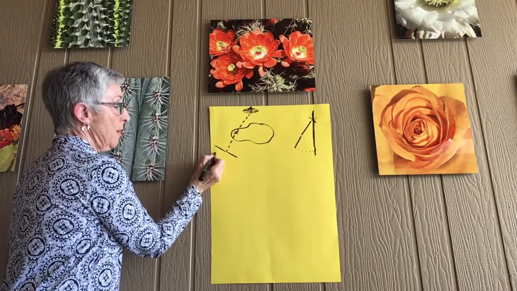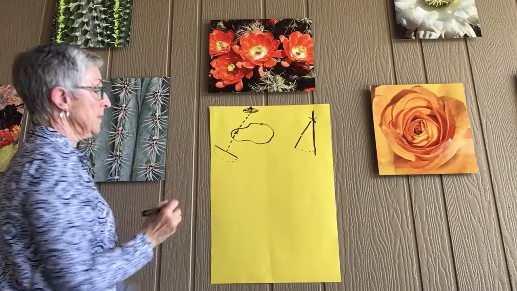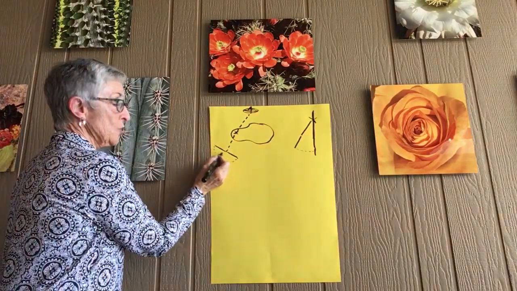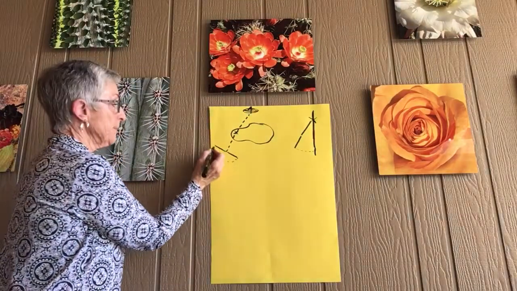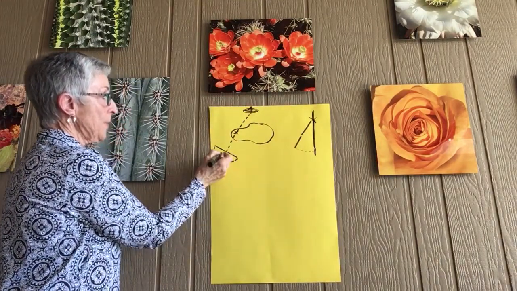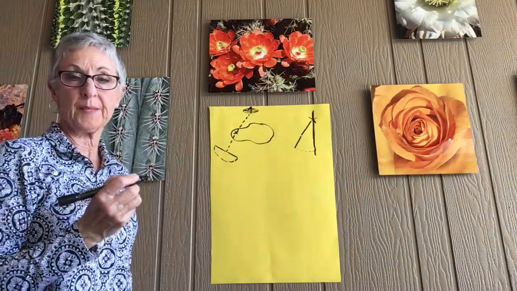Then you draw a half circle, and that is your drop area, okay? Drawn this half circle right there. That's your drop area, and you hit your ball up on the green, okay?